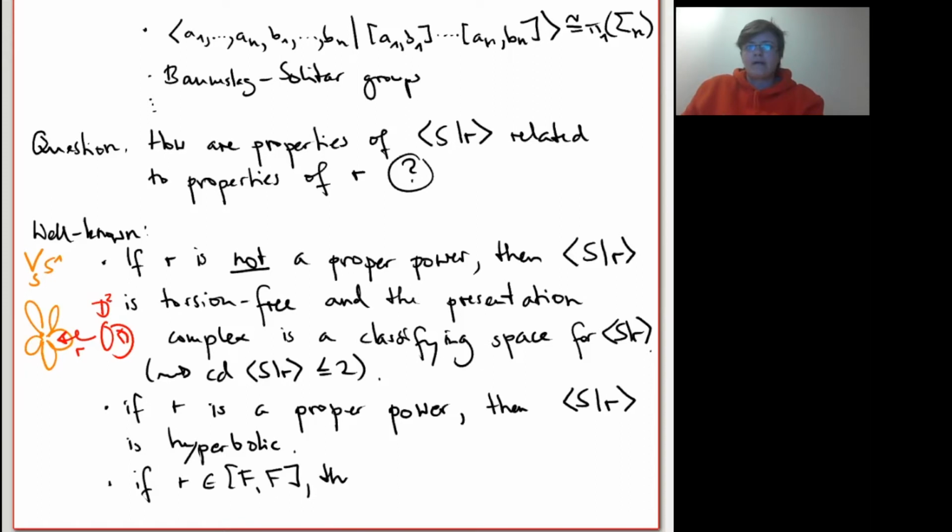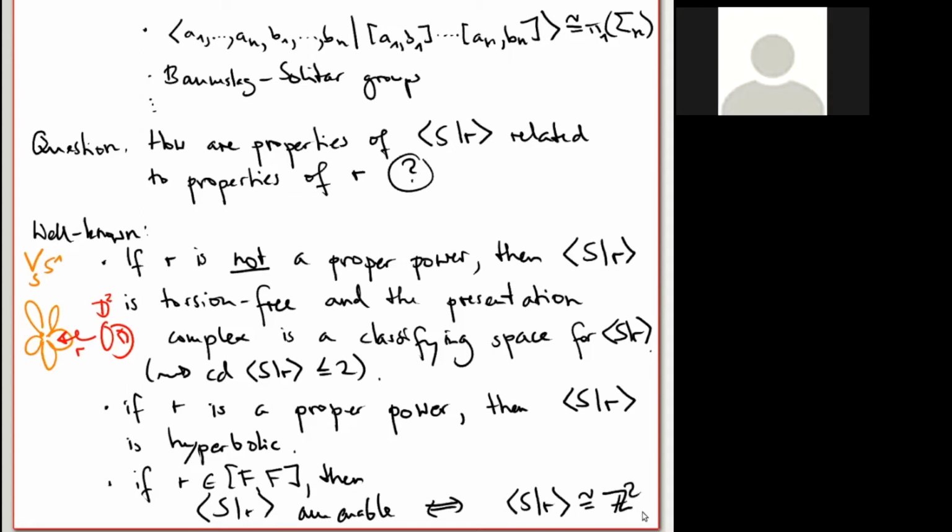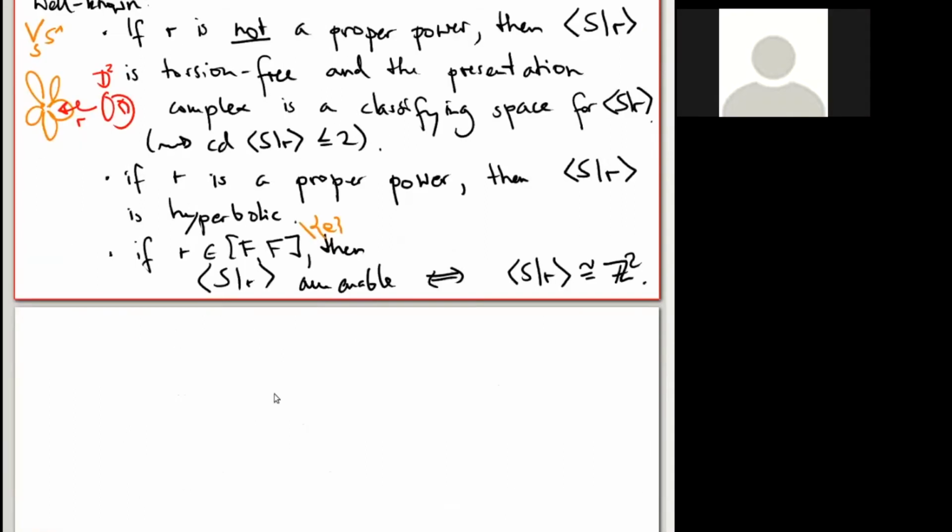Then the one-relator group is amenable if and only if it's isomorphic to Z squared. We cannot see below this line actually.